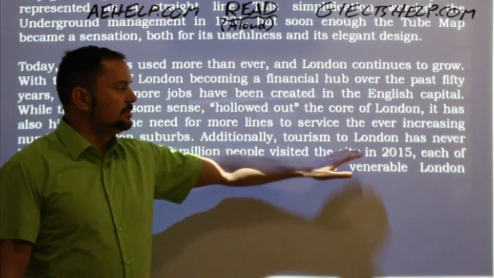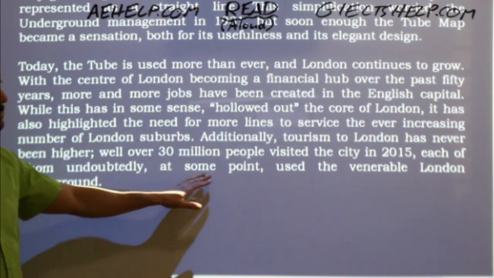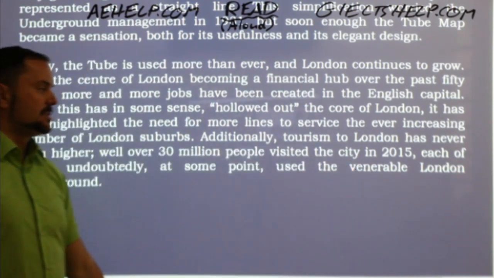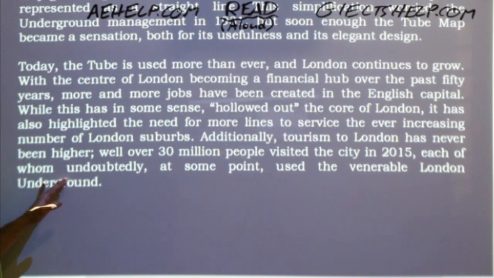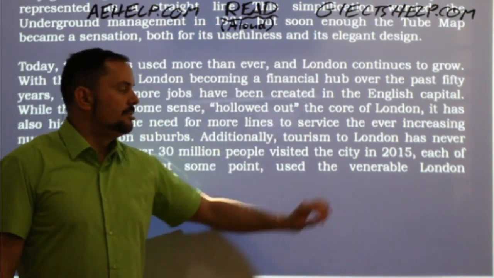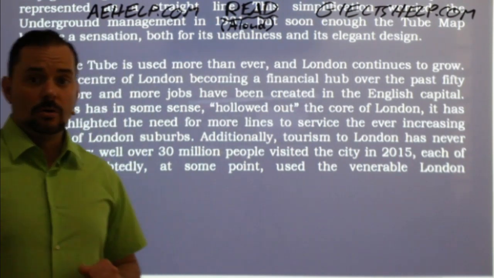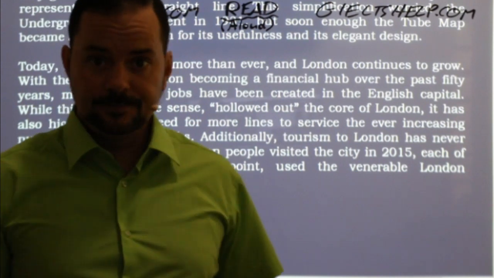Additionally, tourism to London has never been higher. Well over 30 million people visited the city in 2015, each of whom undoubtedly at some point used the venerable London Underground.